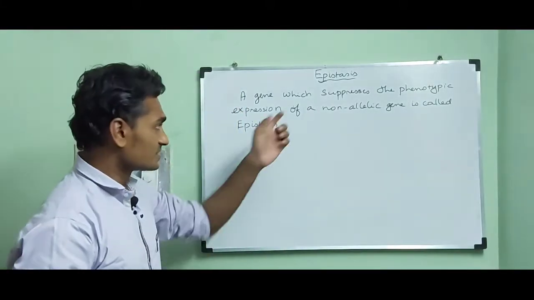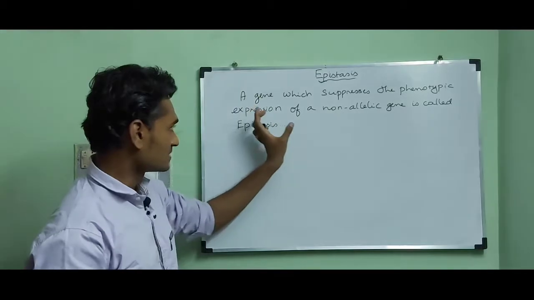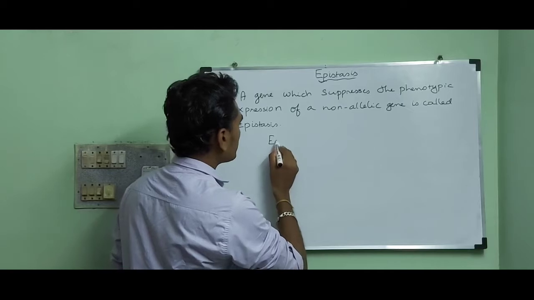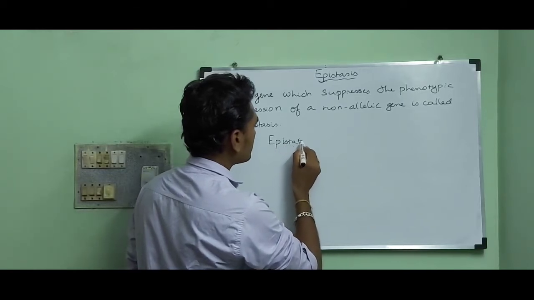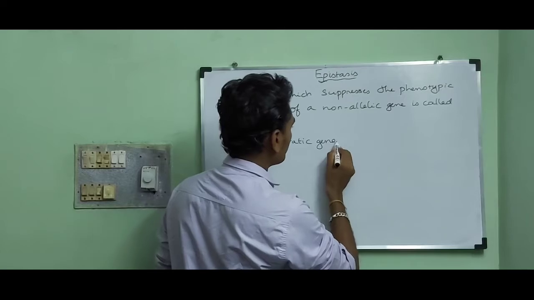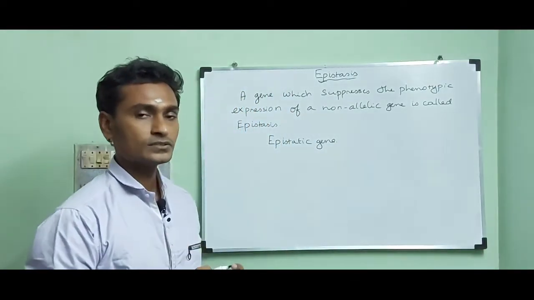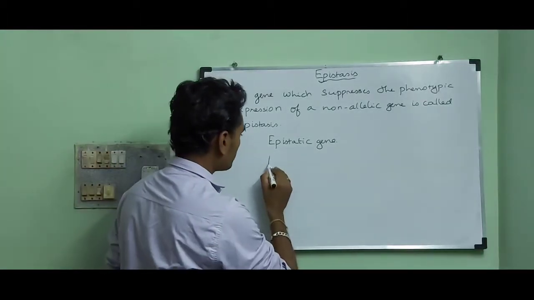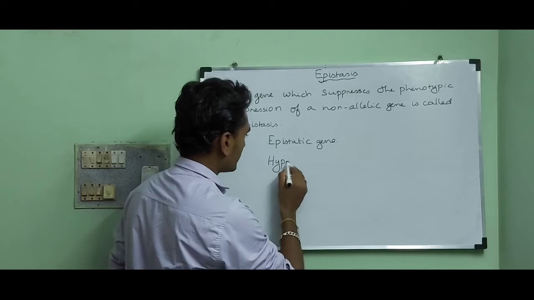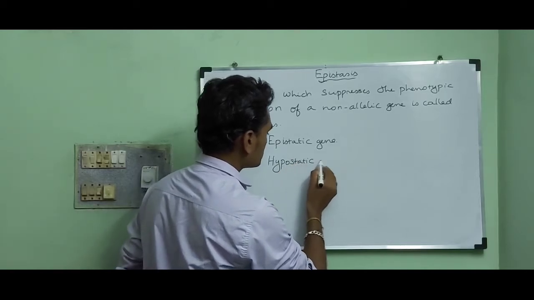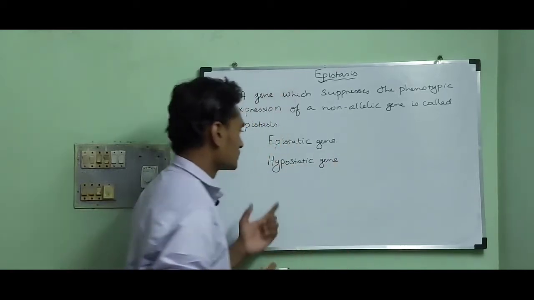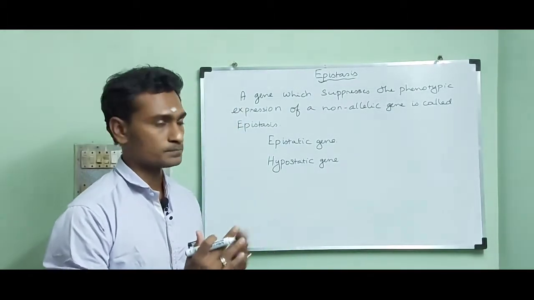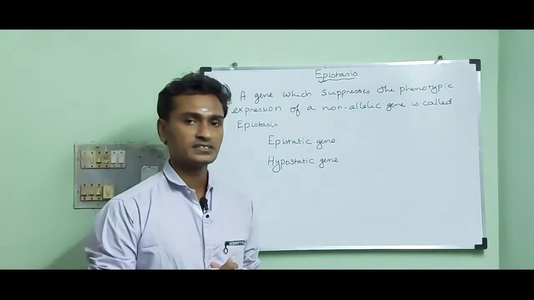The gene which suppresses the phenotypic expression of a non-allelic gene is called the epistatic gene. While the gene whose effect is prevented or suppressed is called the hypostatic gene.